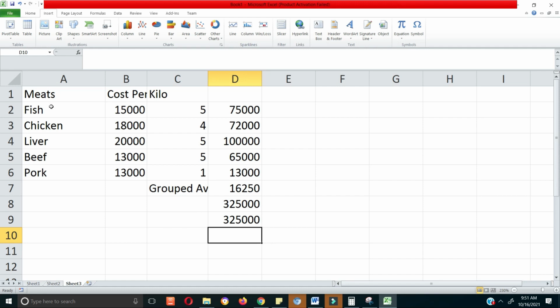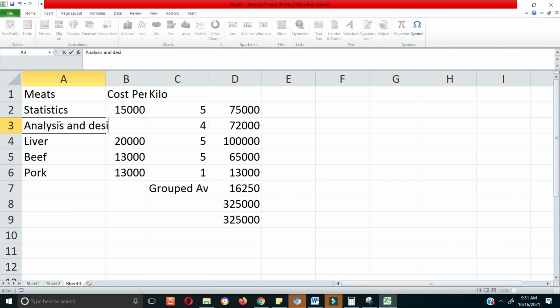You could also do, for instance, when you're computing the CGPA, it's actually the same thing. When you compute the CGPA, you have the grade point average. So for instance, you'll have some scores here. Statistics, you'd have some other mark for analysis and design.